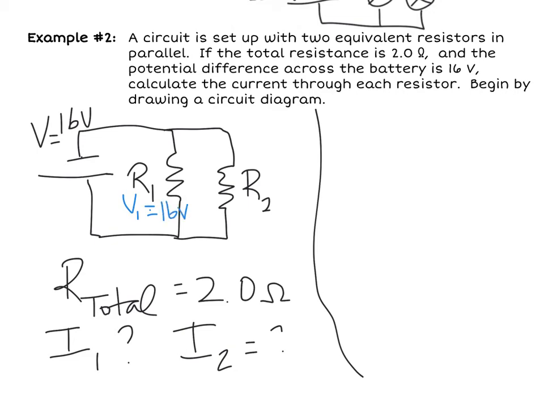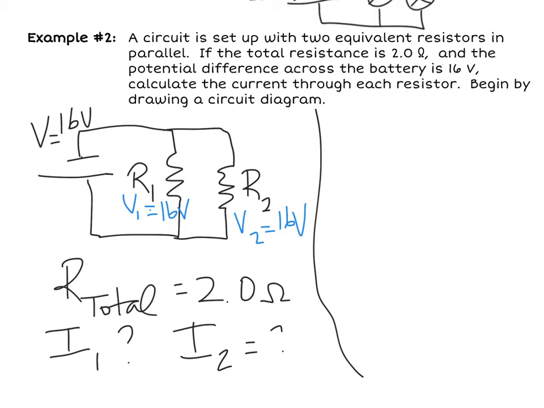And if I apply the same logic over here to my second resistor, an electron is going to lose all of its energy to that second resistor and need to get recharged. And so the voltage across my second resistor is also going to be 16 volts. That's the potential drop. That's the voltage drop.